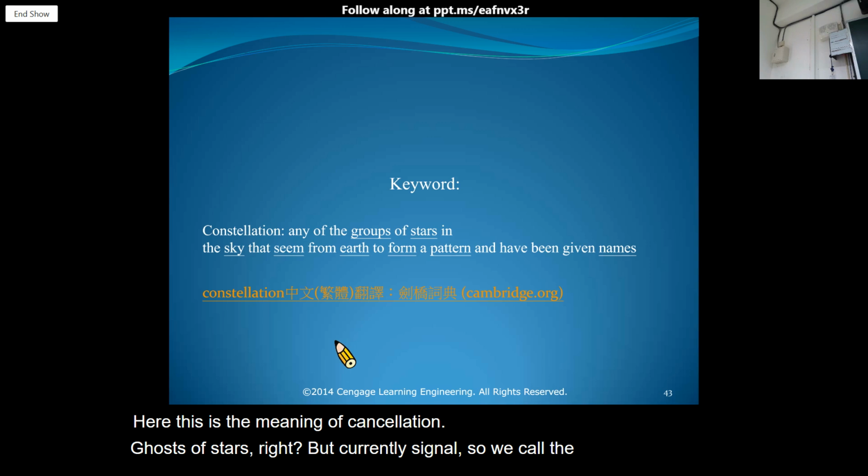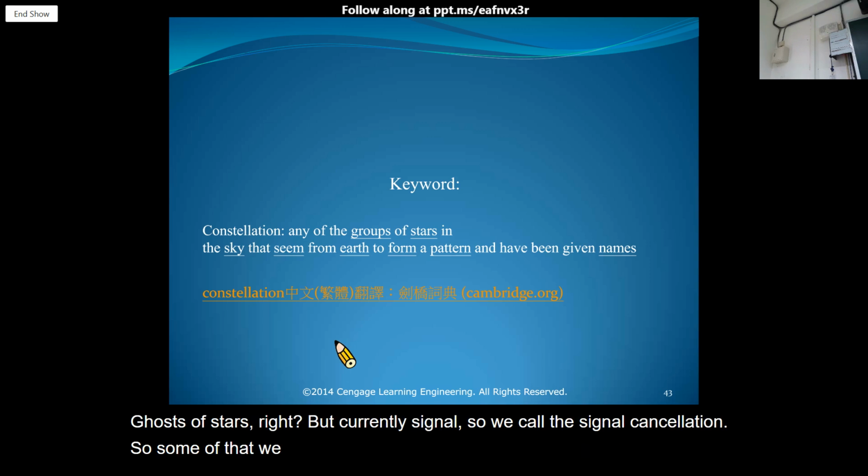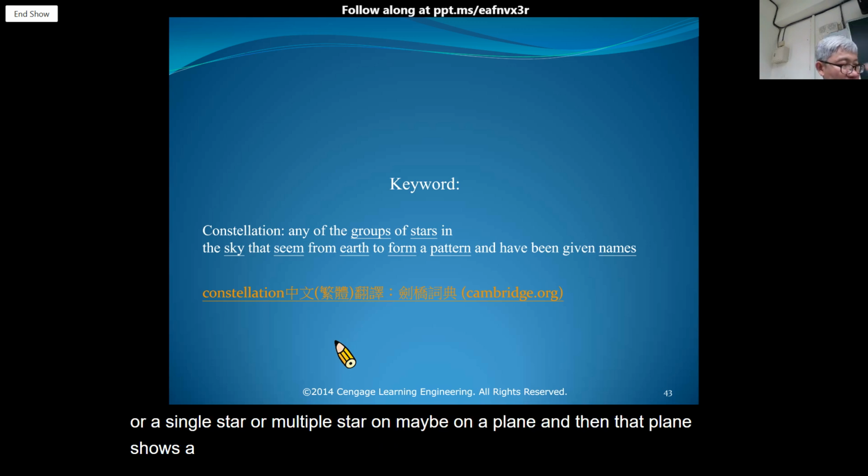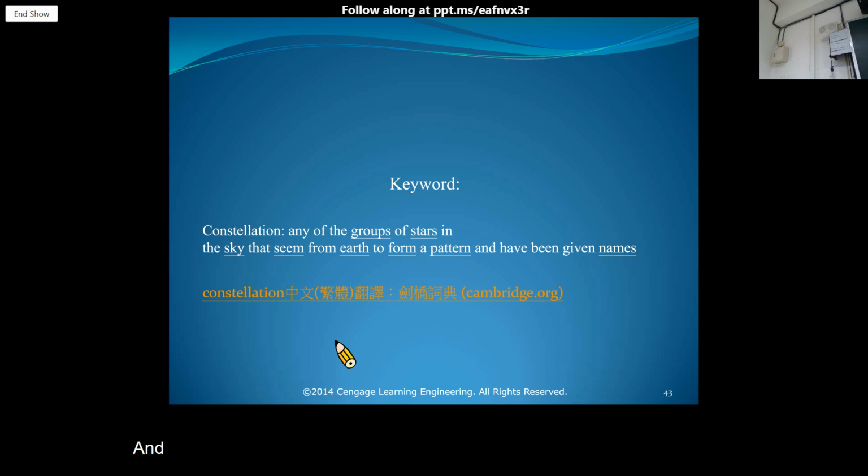So somewhere we can have some collection of single points, multiple points, or a single star or multiple stars maybe on a plane, and then that plane shows a so-called constellation. And currently we talk about signal, so we call it the signal constellation. All right, so that's it.